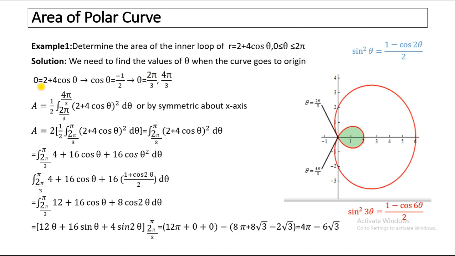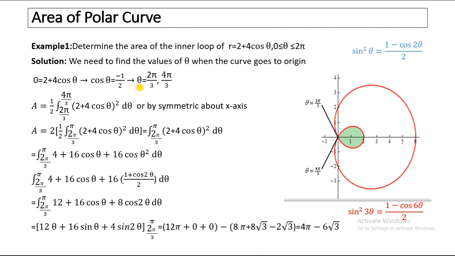r equal 0 equal 2 plus 4 cosine theta implies that cosine theta equal minus half. Cosine theta is negative in the second quadrant and third quadrant.